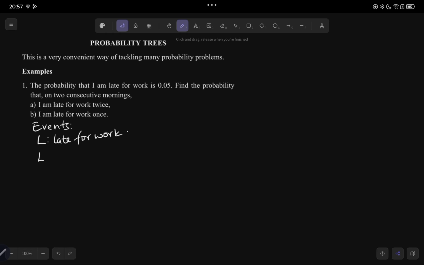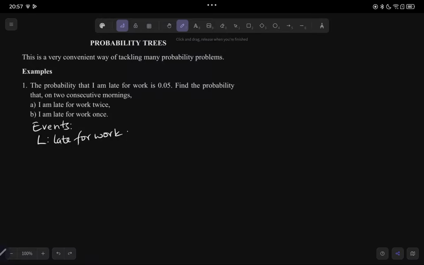So L complement will now denote, of course, not late for work. Someone is about to say early for work, but not being late can mean you're either early or on time. So the complement of late caters for both.